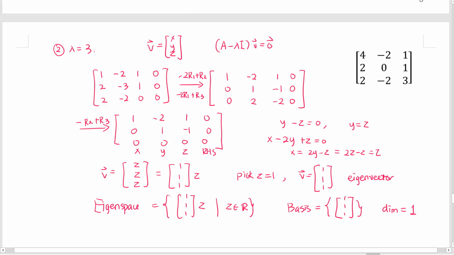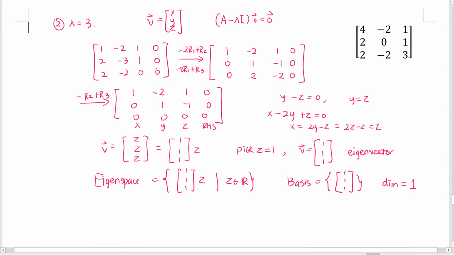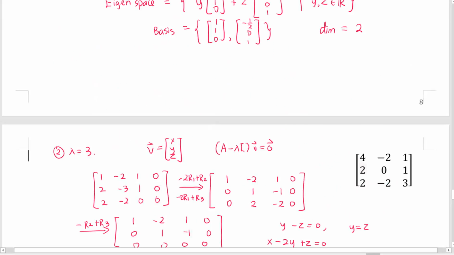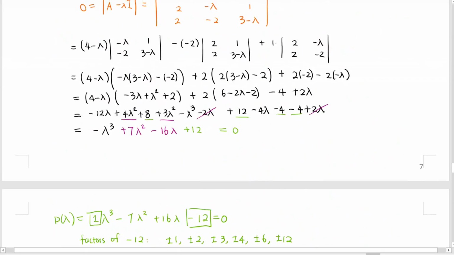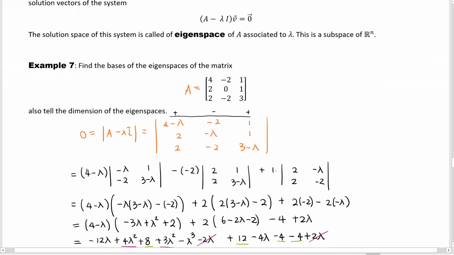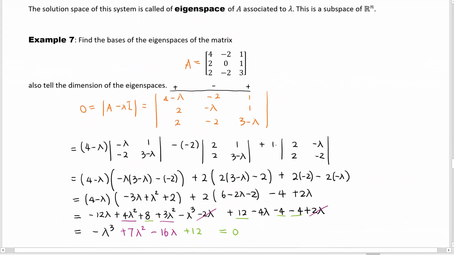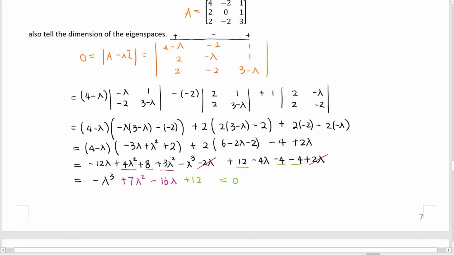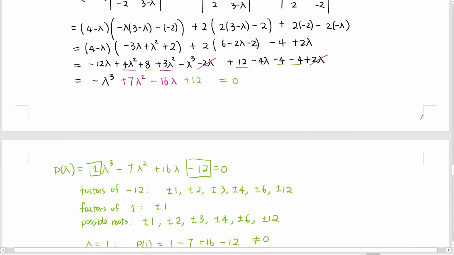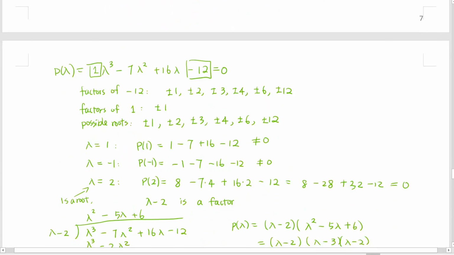So far, so good. This is how we solve example 2. It's actually quite long because in general a 3 by 3 matrix is not easy. When you compute the determinant, you have to do the cofactor expansion. To solve for lambda, you have to multiply everything out to get a simplified degree 3 polynomial, and then use the rational root theorem.